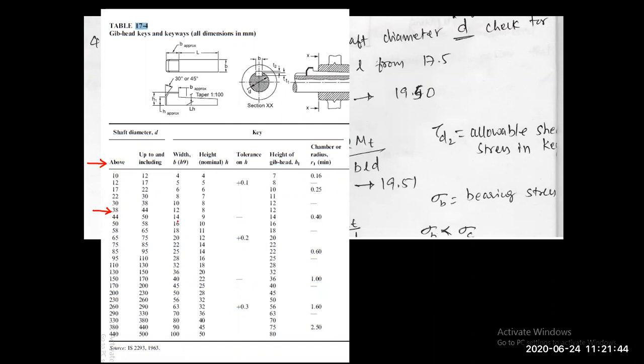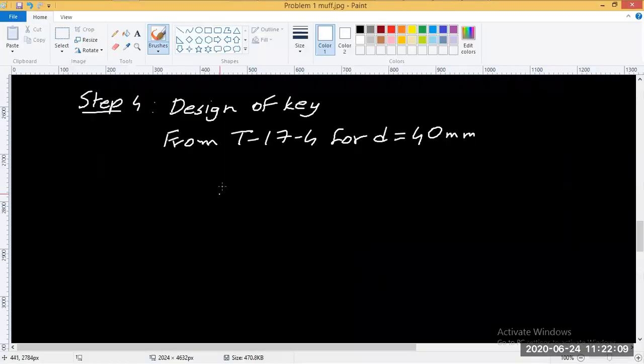Above 38, you are supposed to take these values, up to 44. So this is the limit. For 38 to 44, we take B as 12, and this is our H, 8. So that's how we take the dimensions: B is 12, H is 8.